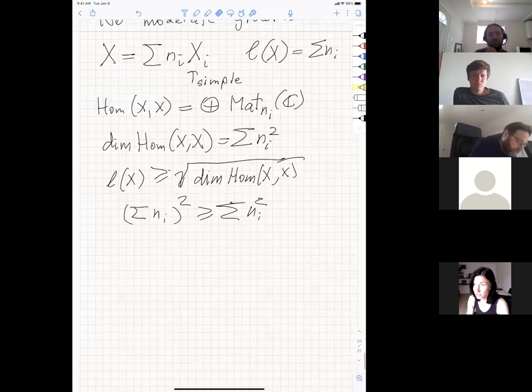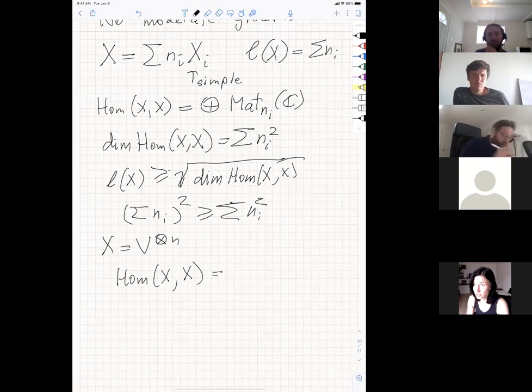And so if you take x equal to V^n in this category, then Hom from x to x is the group algebra of S_n. We know that in the usual case, it's the quotient of the group algebra. It's only the group algebra if the dimension of V is sufficiently big. But here the dimension has essentially been sent to infinity, so this is going to be true for all n.